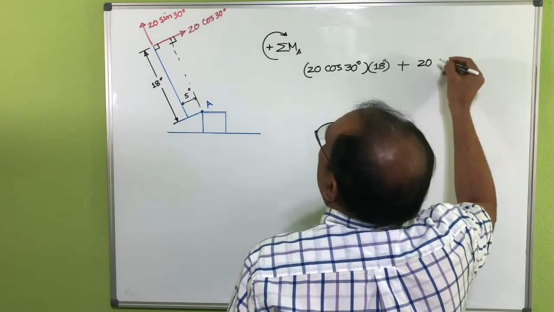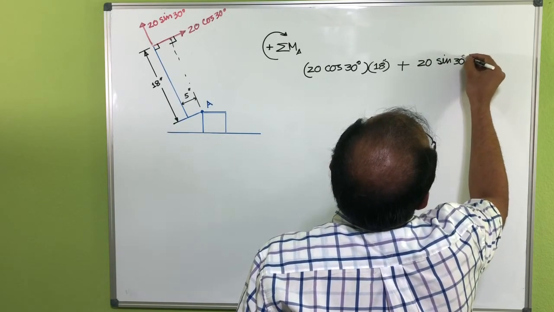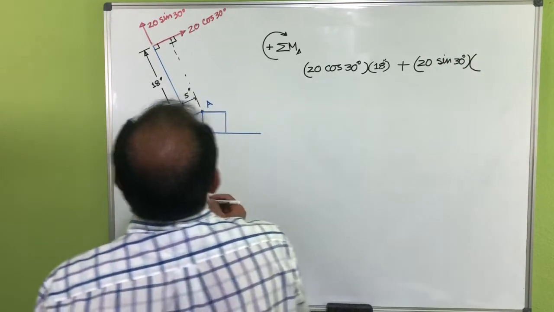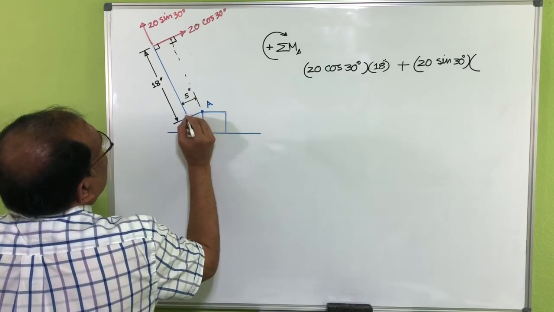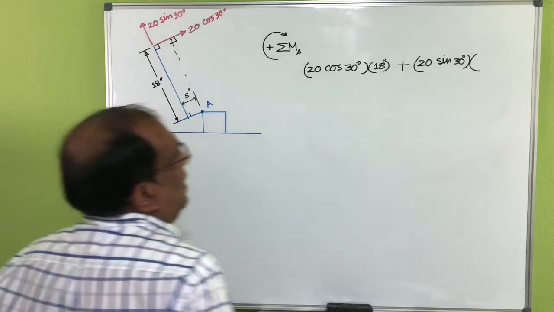20 sine 30 multiplied by the distance. You can see the distance from here to here is actually 5 inch.